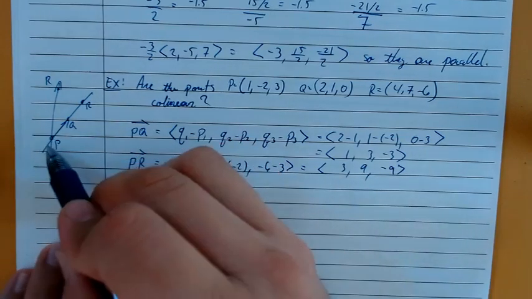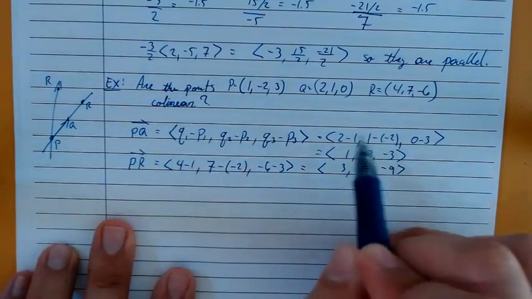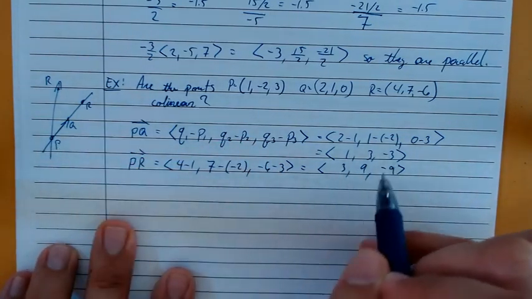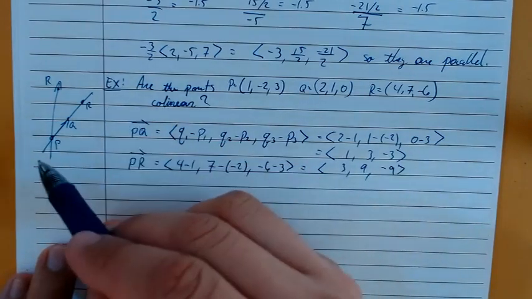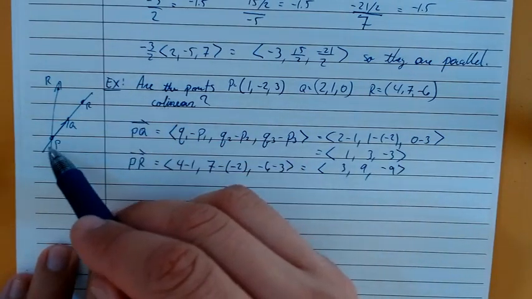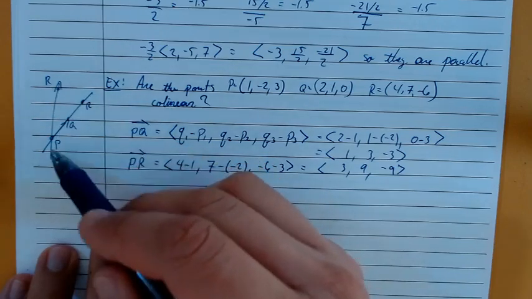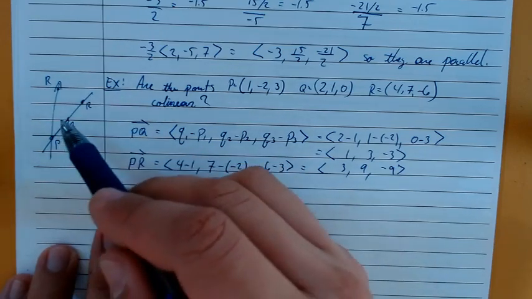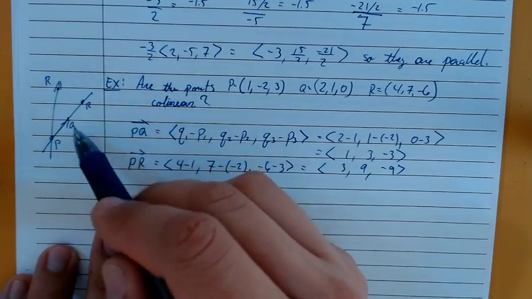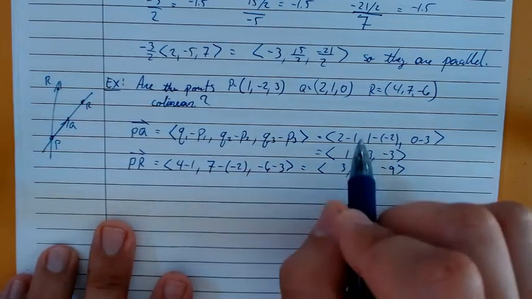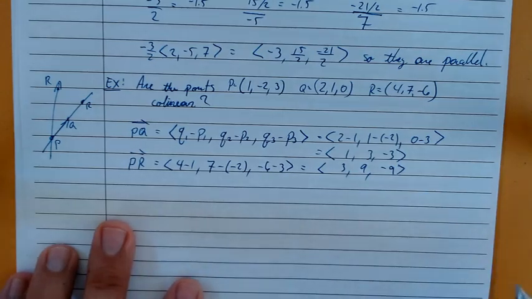So here we find that PQ is this vector, PR is this vector. If they're parallel and share a point, then they must be the same line. But if they're not parallel and share a point, that means they're off at an angle. So here R would be on some other line, not on the same line. So the question is, are those parallel? Well, of course they are.